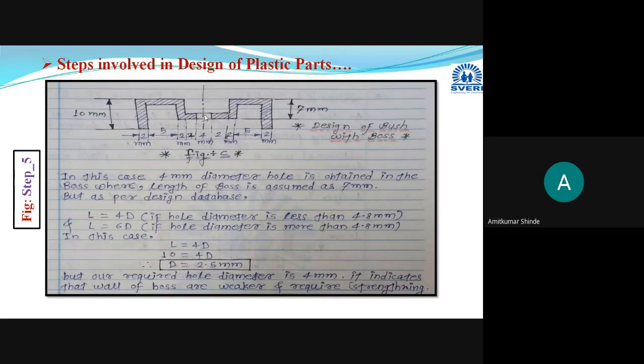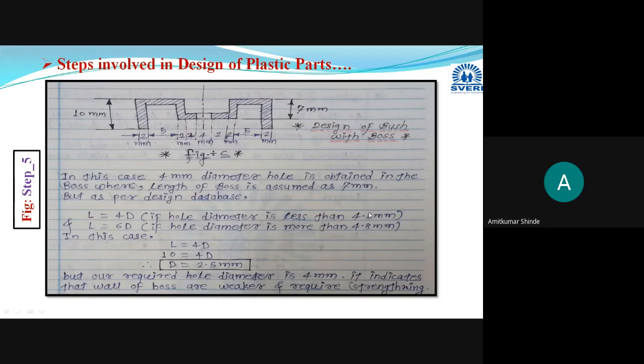The diameter of the hole is 4 millimeter. This is the initial requirement. And here the height we have assumed as 7 millimeter. Now these are design guidelines, which you have to remember.